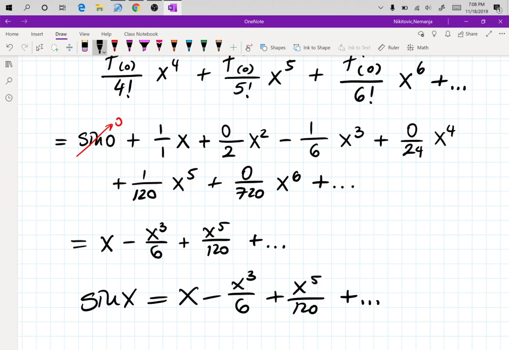But if you have something that's not in the divisions of pi, wouldn't you like to compute 2 minus 8 over 6, right? Plus 32 over 120? That would be nicer than computing sine of 2 using linearization and differentials, right? So we just turned the sine into this polynomial.